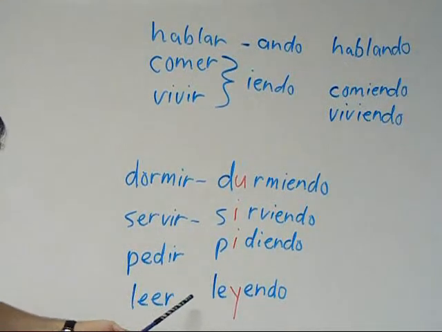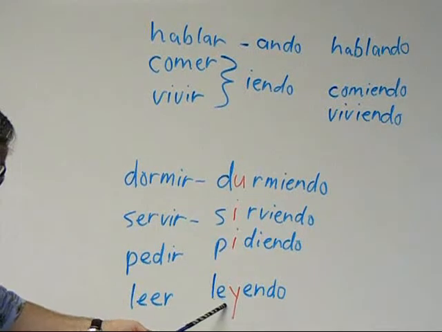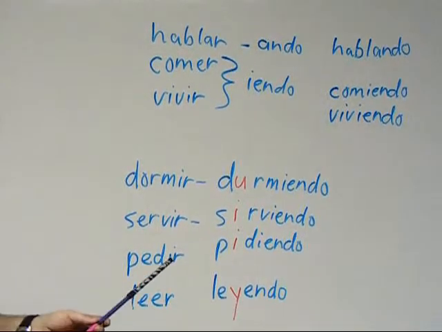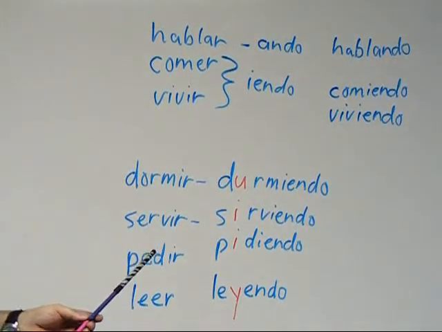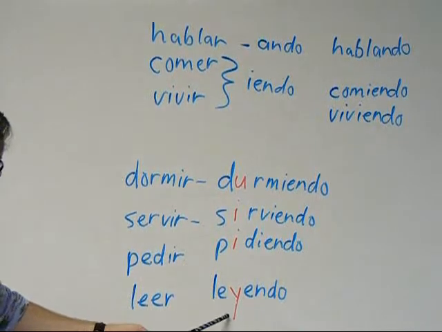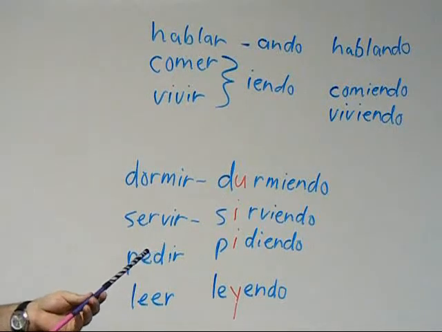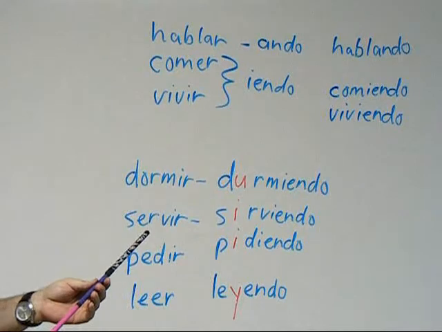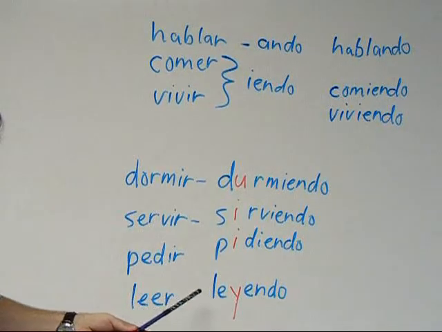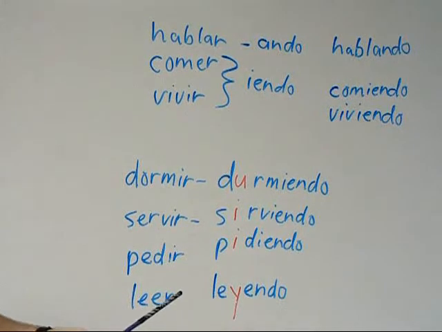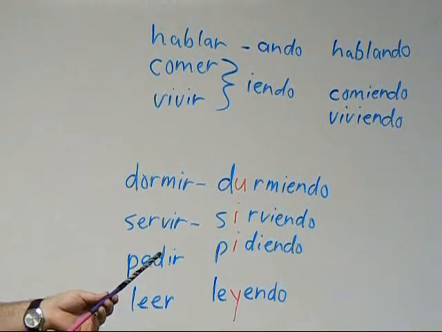So if I had -iendo here, I would have E-I-E, and that'd be three vowels in a row. To avoid that, I trade the letter I for the letter Y, which has the same pronunciation but can also be a consonant, whereas the I can just be a vowel. So I change the I to a Y and get leyendo for reading.